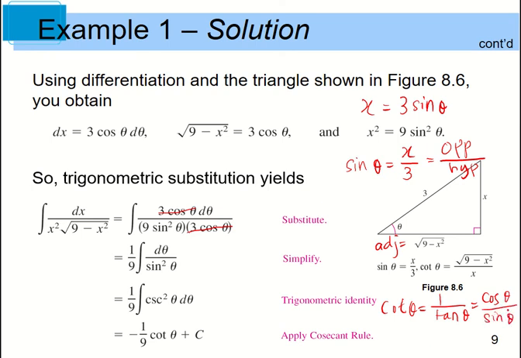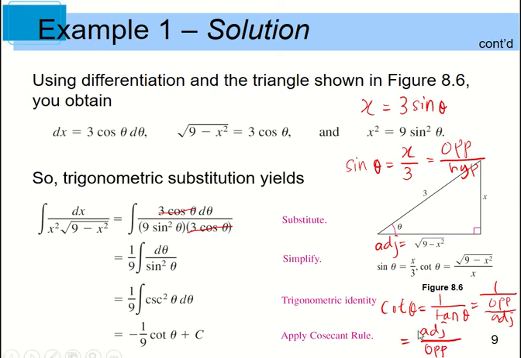Tangent theta is opposite over adjacent, and the cotangent theta is adjacent over opposite.